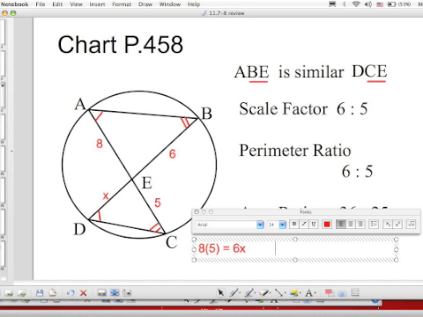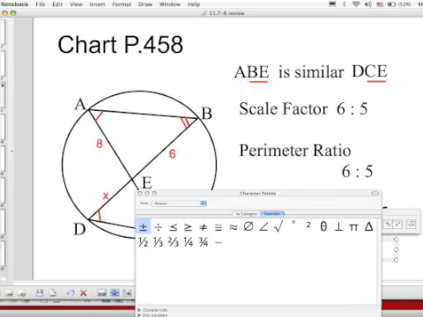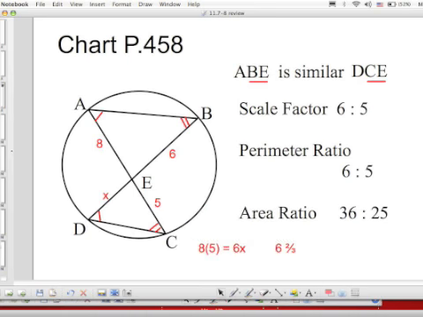And when you solve that equation, you get 40 equals 6x. Divide both sides by 6, reduce, and you have 20 over 3, or 6 and 2/3.